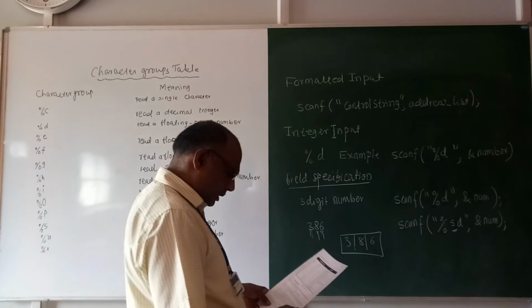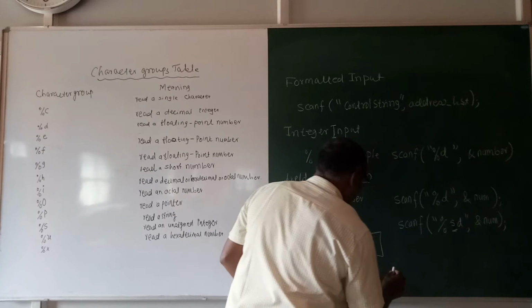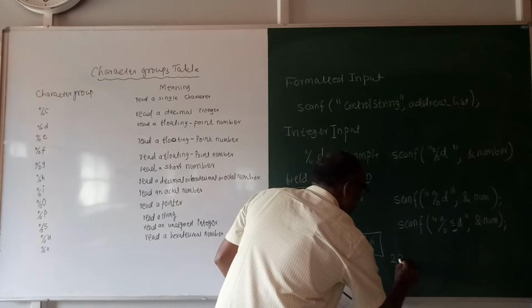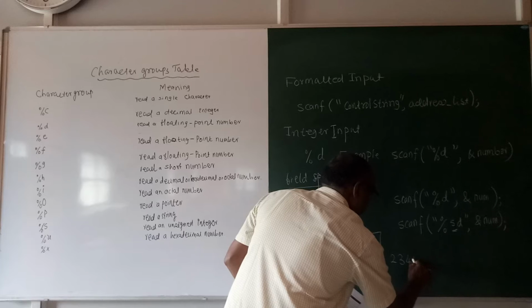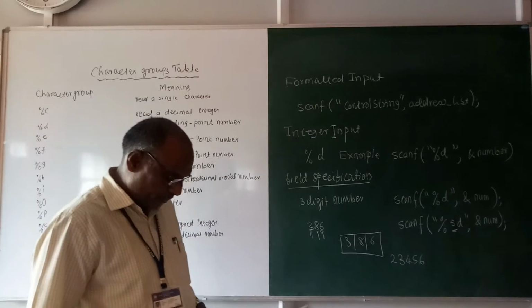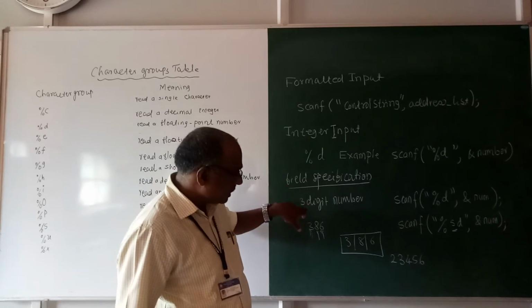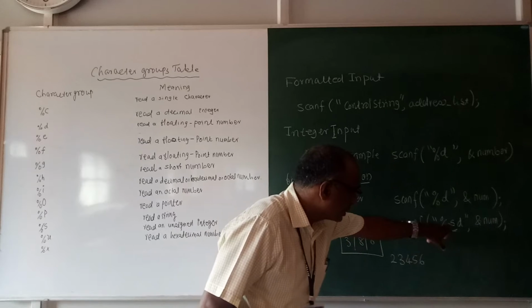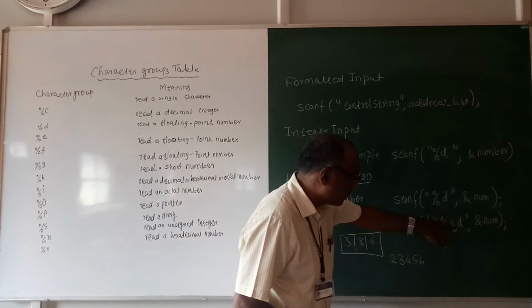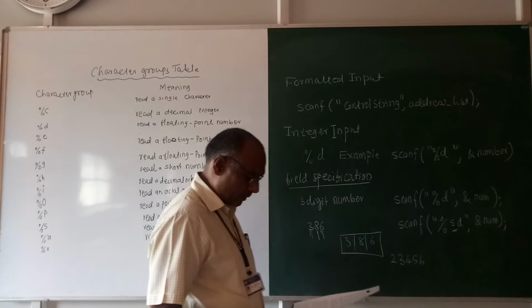You can put any number of 5 digits, say 2, 3, 4, 5, 6. It is 5 digits. The field width here is 5 digits. If you replace this by 3, the field width becomes 3 digits.